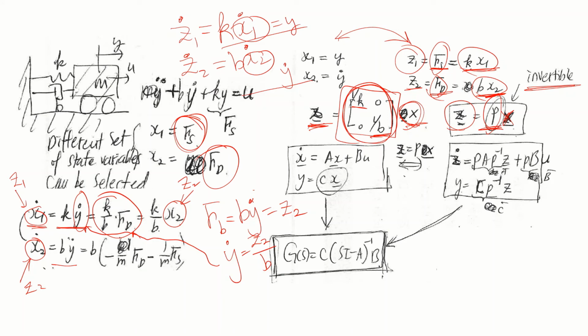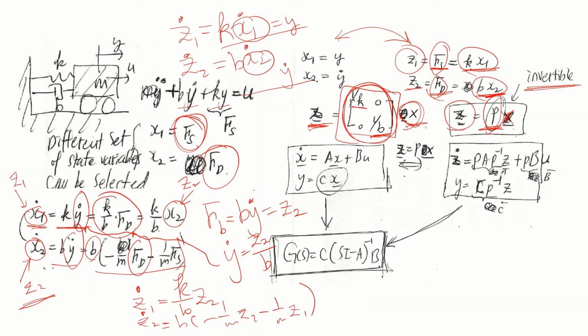Now in a similar way, the z2 dot will be b times y double dot, which is basically u minus b y dot minus k y, divided by m. So in the end, z1 dot will be k over b z2, and z2 dot will be minus 1 over m z1 and minus b over m z2, like this.